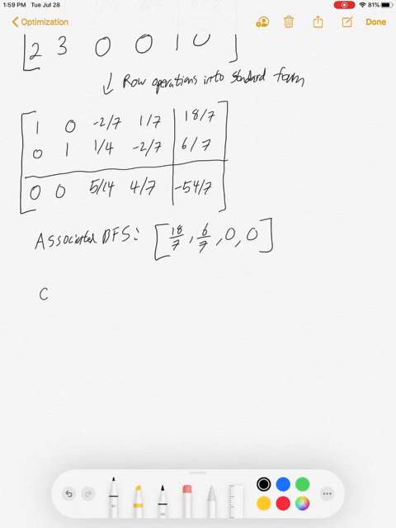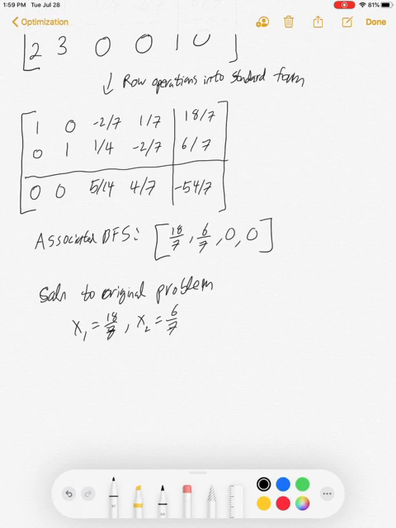So the solution to the original problem is x1 equals 18/7, x2 equals 6/7, and the optimal value is 54/7. Right, so the minimum of 54/7 is achieved when x1 is 18/7 and x2 is 6/7.